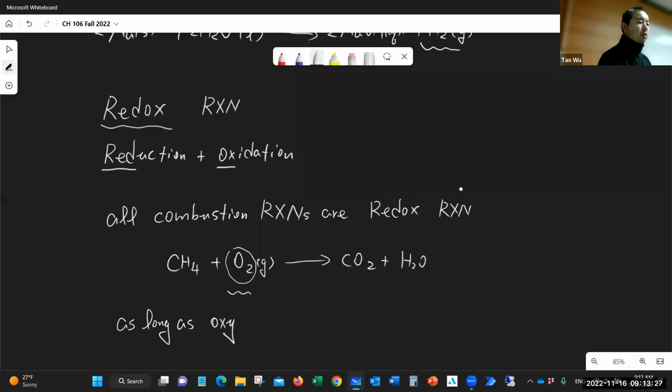As long as the oxygen is in the reactant, this reaction is a redox reaction.